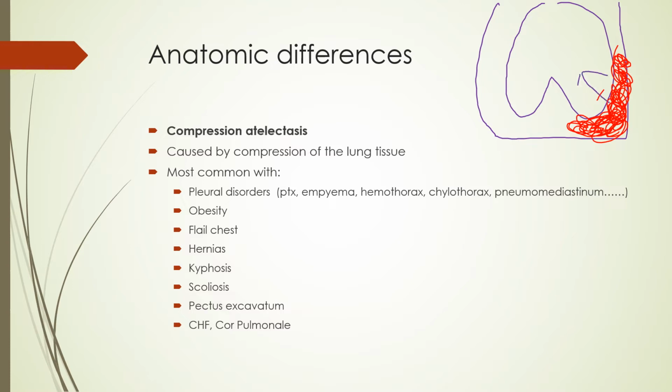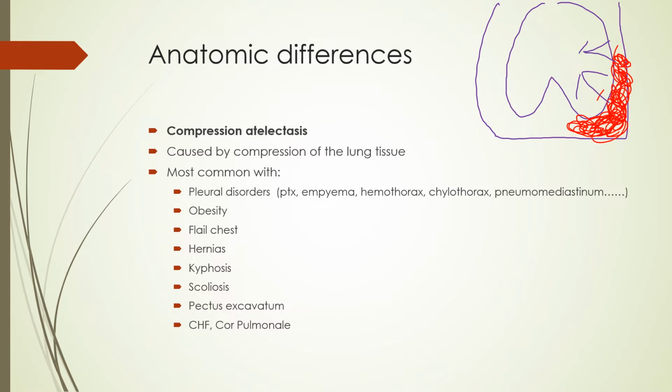We're going to see that the lungs start to collapse in because of all that external pressure on them. So that's that compression atelectasis. Anything that squeezes the lung tissue. So this could be a tumor, could be a pneumothorax, could be a hydrothorax, could be a pleural effusion, could be a number of things.